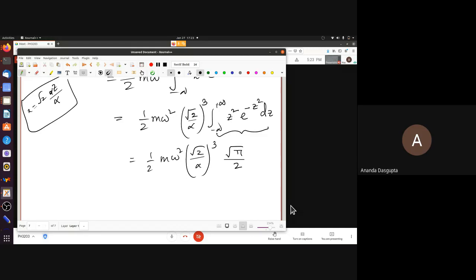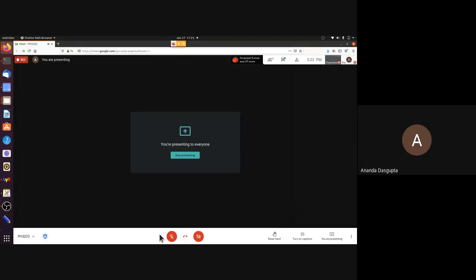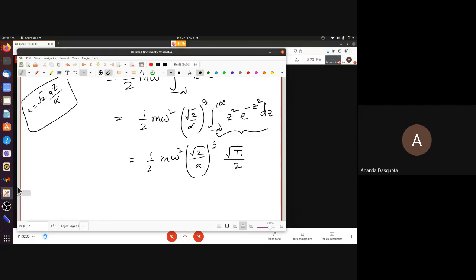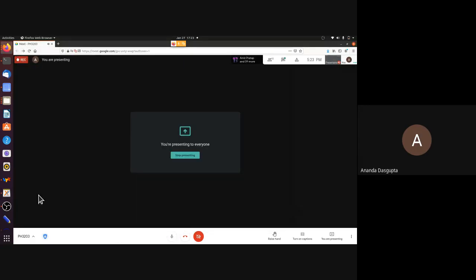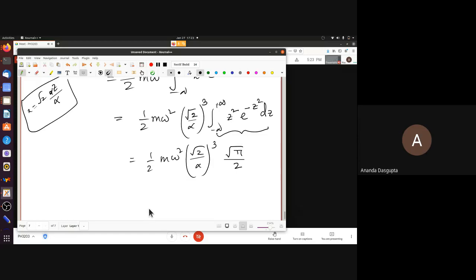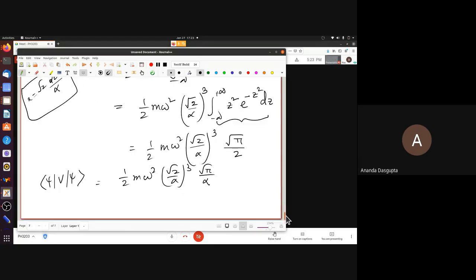All of these are known, right? Are all of these things known? Anyway, that's the numerator. The denominator we have already calculated before.